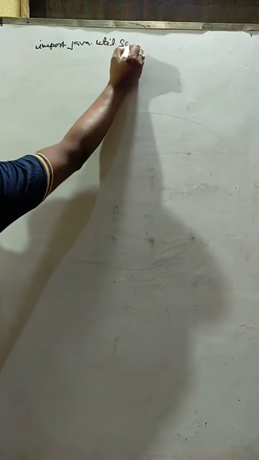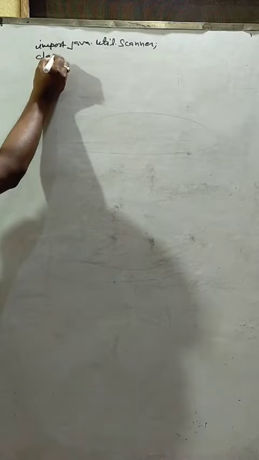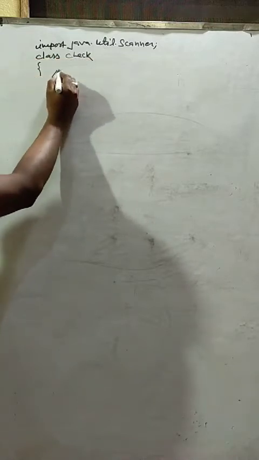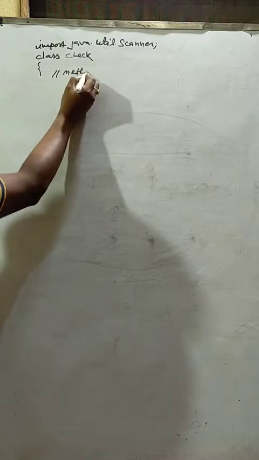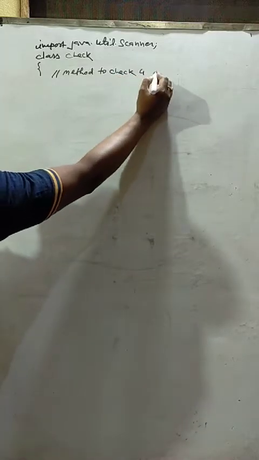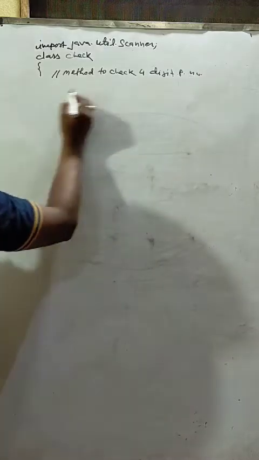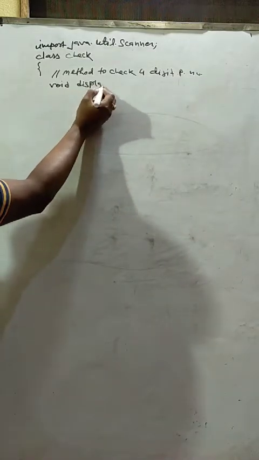So first of all, we will write import java.util.Scanner. Class check, opening bracket, method to check 4-digit palindrome number, void display.